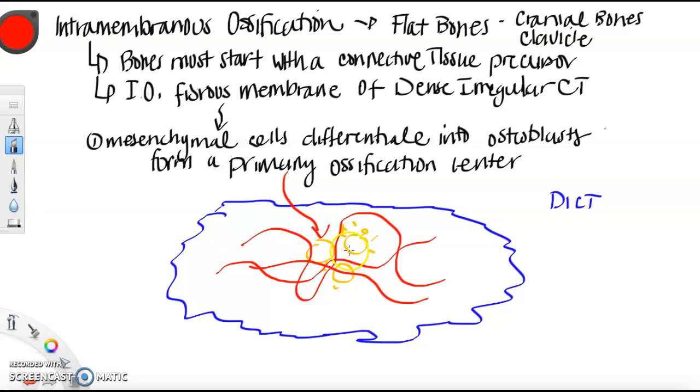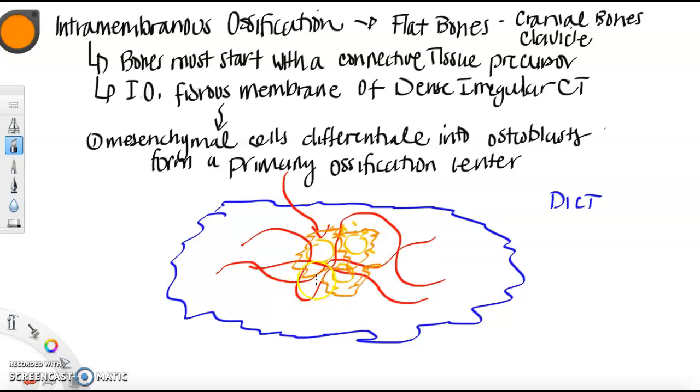And those cells are secreting the matrix kind of around these blood vessels, and that matrix hardens and they kind of become stuck there in their little lacunae as it's making bone. And this bone that it's making initially is spongy bone. All right.